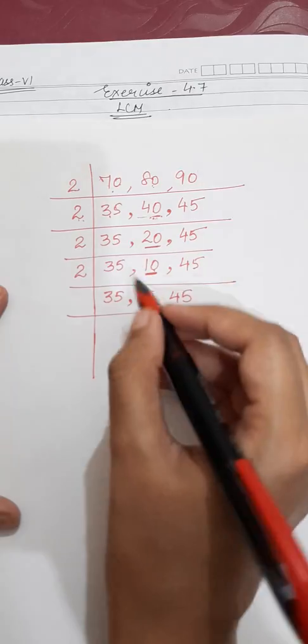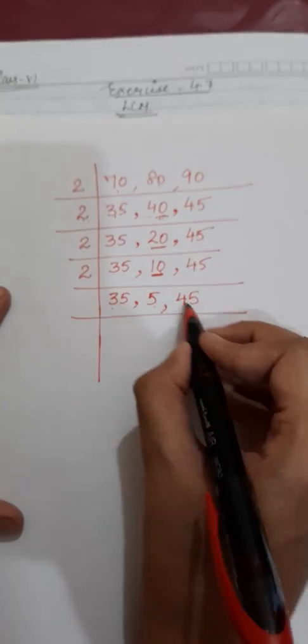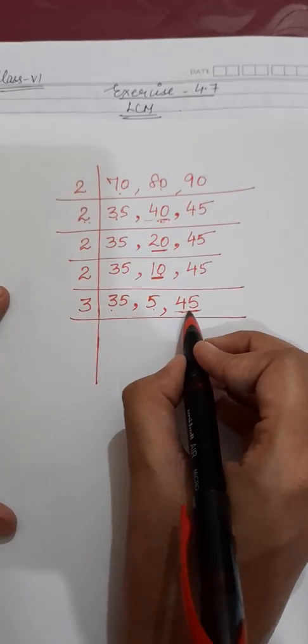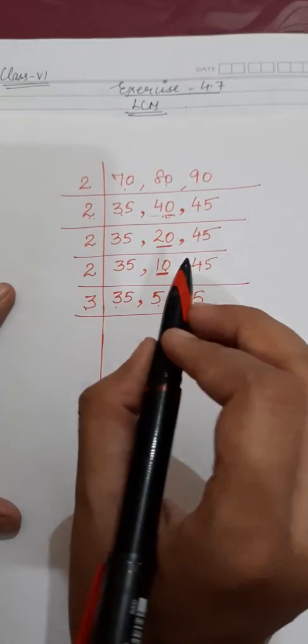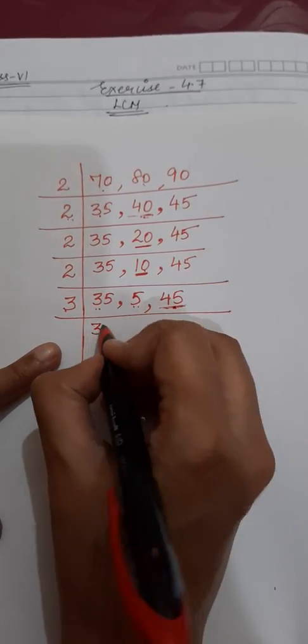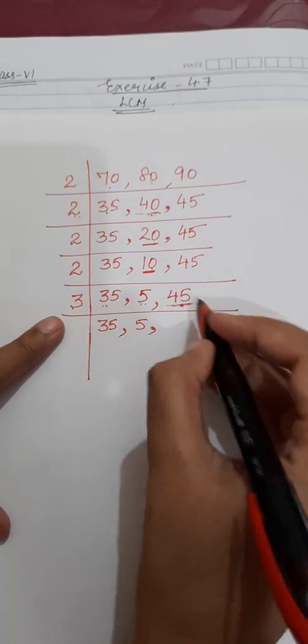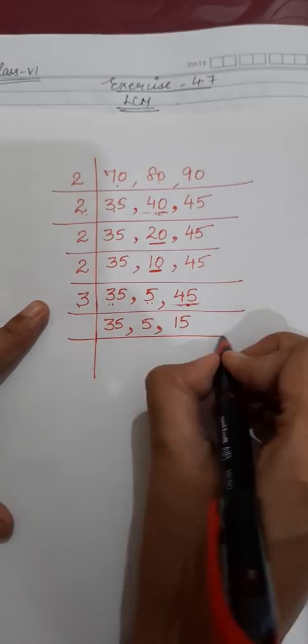Next, out of 35, 5 and 45, this 45 is divisible by 3. So I am going to divide 45 by 3, but since 35 and 5 are not divisible by 3, I will keep them as they are. 45 divided by 3 is 15.